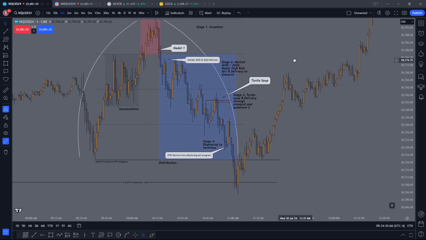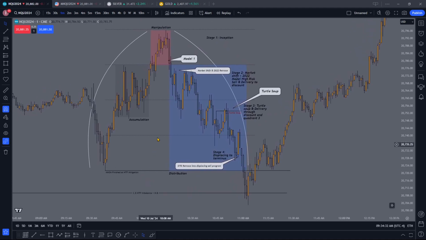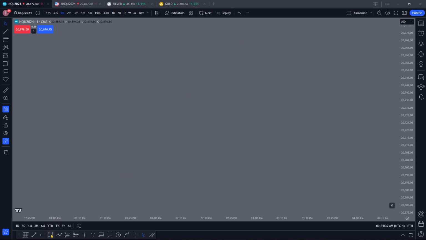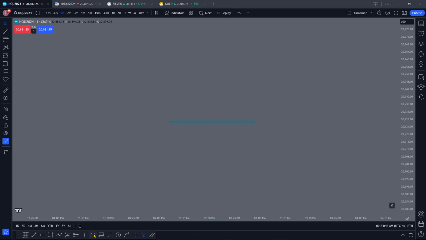What I mean by this is, for example, here, this manipulation happened towards a key level. So basically, you would have your key level, and it will look like this: it would move down lower, and then incept at the key level, and then start the market maker buy model.